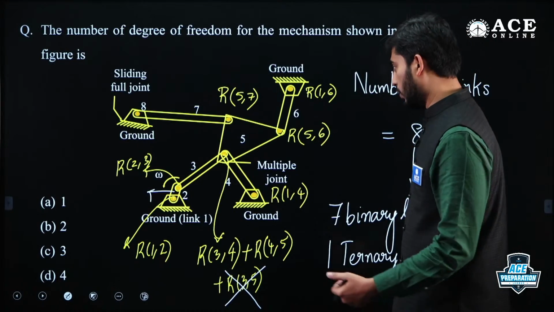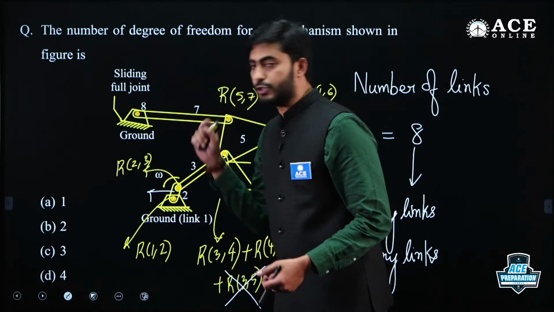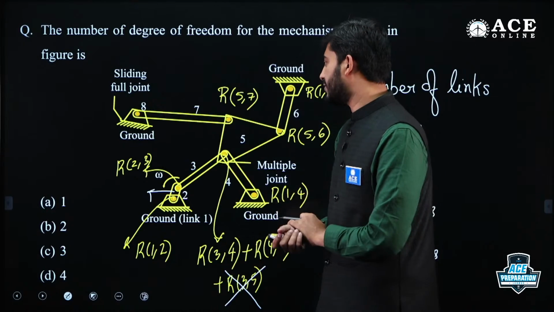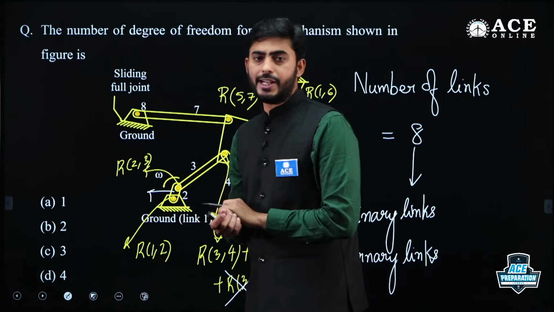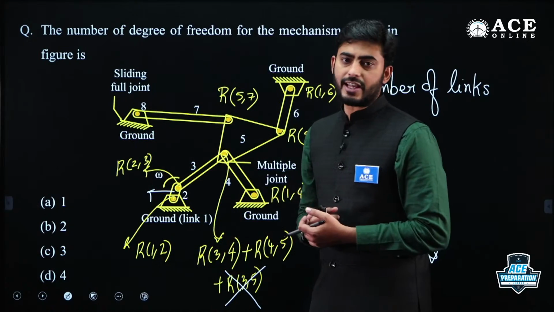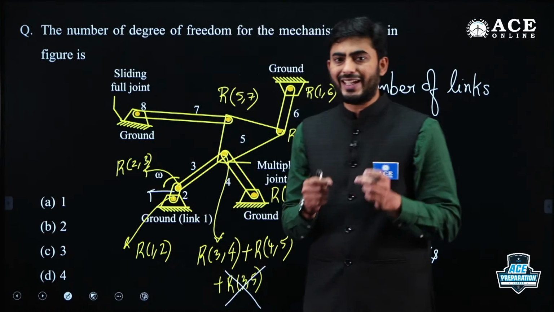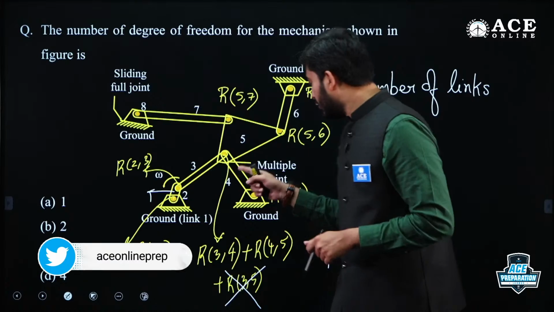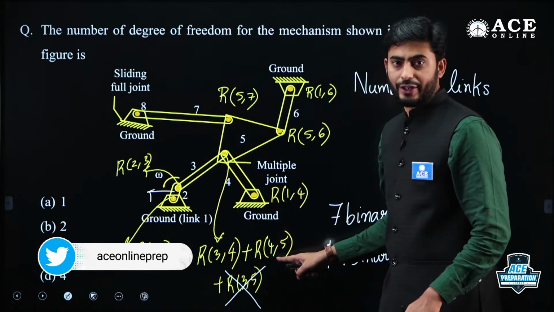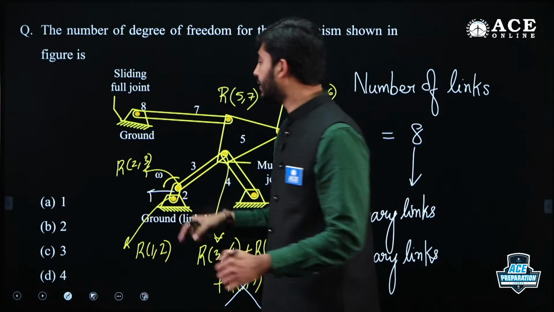Now, moving to this point, that is the sliding joint. Here you can see at this node there is link number 7 present, link number 8 present, and link number 1, that is ground. So 3 links are present here, and they will form a ternary joint. Here you have seen 3 links are present, but you are forming 2 joints. There will be a revolute joint between 7 and 8.